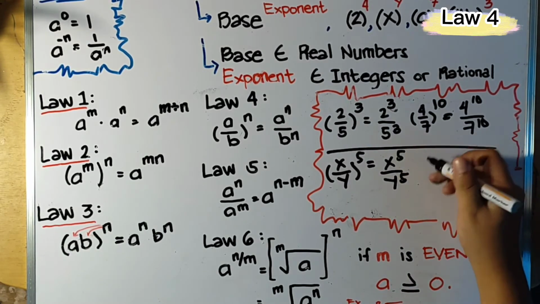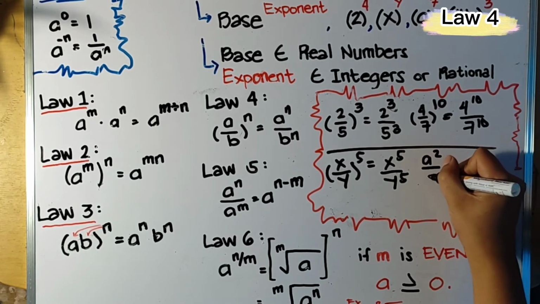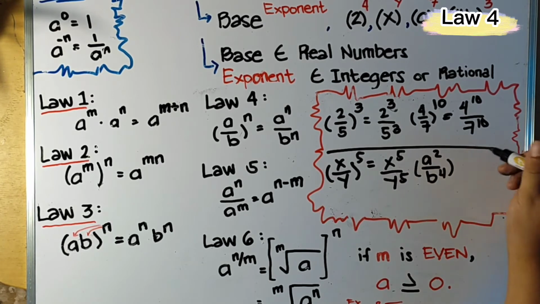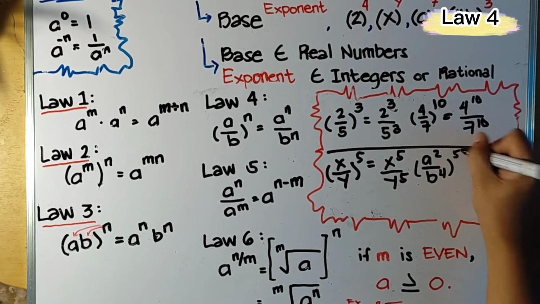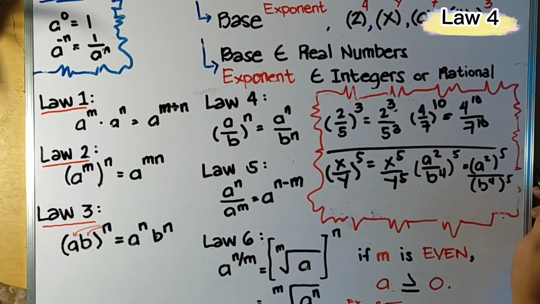Last. Say for example ito. A squared b fourth raised to 5. Again, a squared raised to 5, b fourth raised to 5.